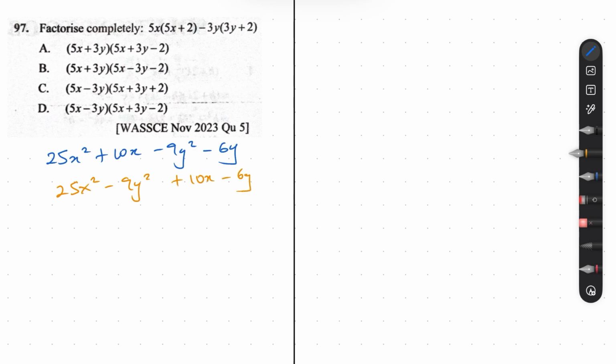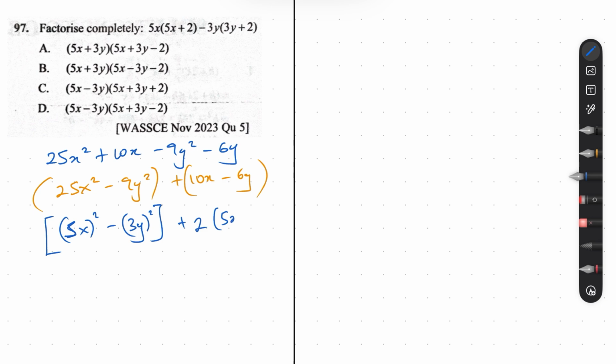Now if we group these two terms, let's say this is one expression, another expression. We know that 25 is the same as 5 squared, right? And 9 is also 3 squared. So we can rewrite it as 5x squared minus 3y squared in a big bracket plus, on the other side we can factor 2 out, then we have 5x minus 3y.